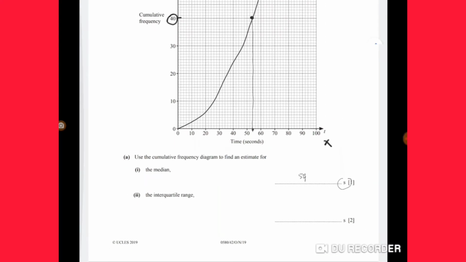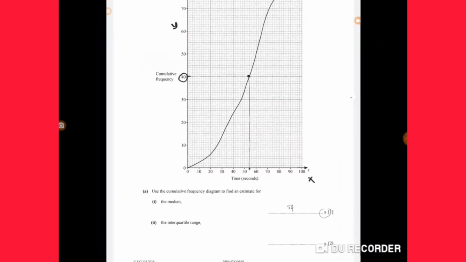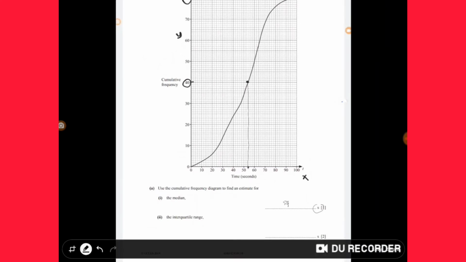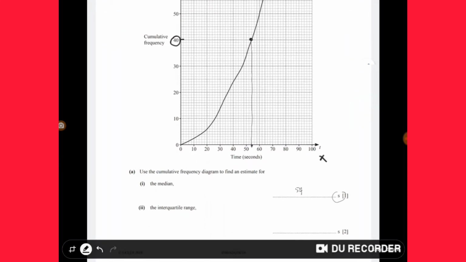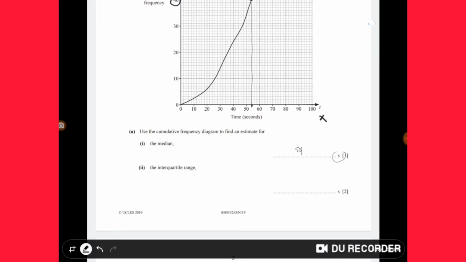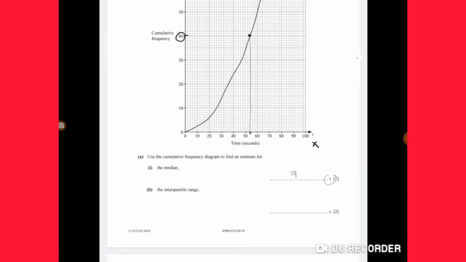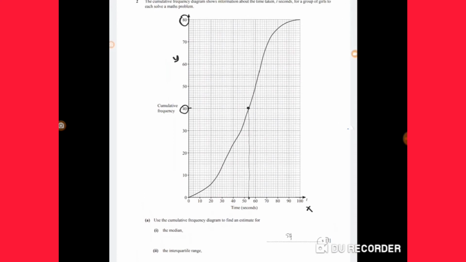And then the interquartile range. How do you find the interquartile range? The interquartile range is the upper quartile subtracted by the lower quartile. So first we need to find the upper quartile. The upper quartile is 75% of the data.